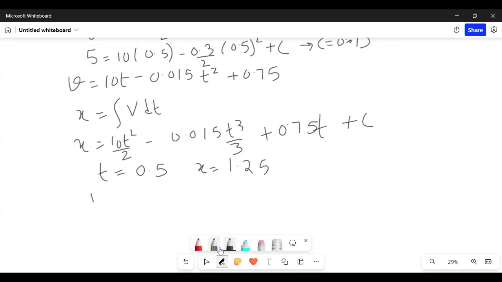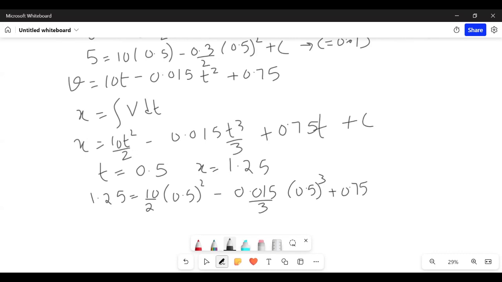So find c. So we have 1.25 is equal to 10 by 2 times 0.5 squared minus 0.015 upon 3 times 0.5 cube plus 0.75 times 0.5 plus c. अभी इससे c आता है 1.5. When you rearrange this, you get 1.5.